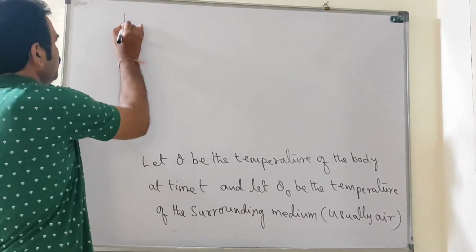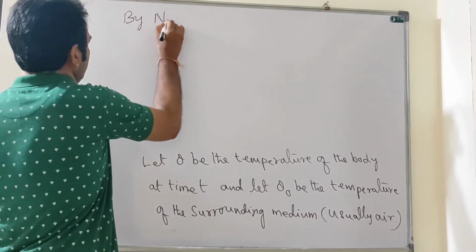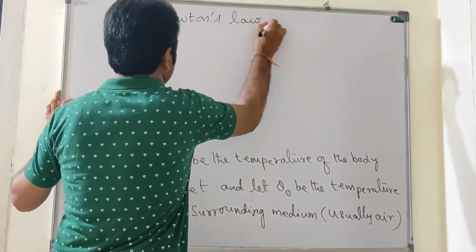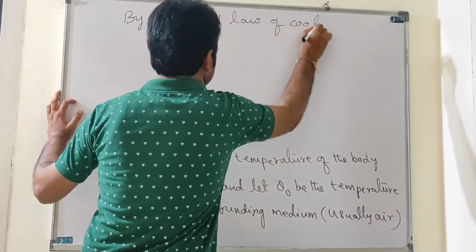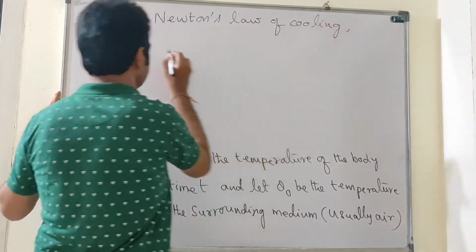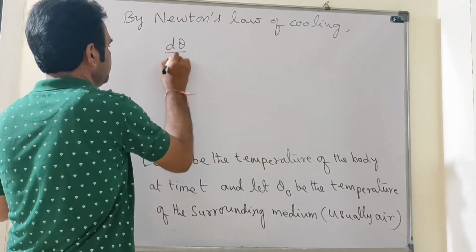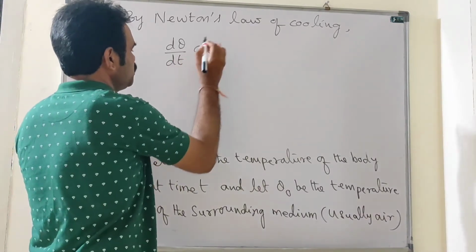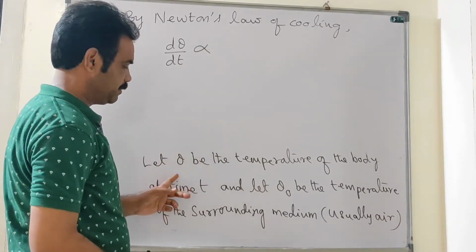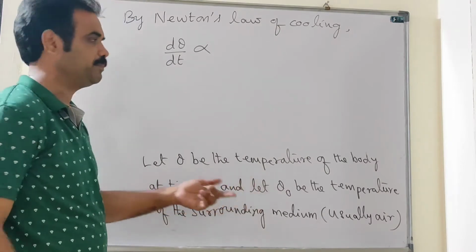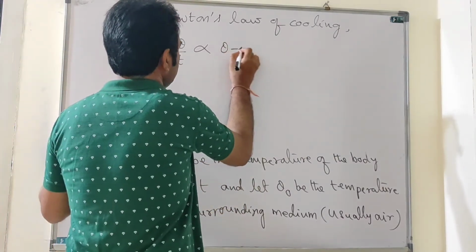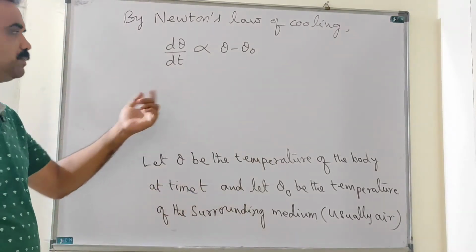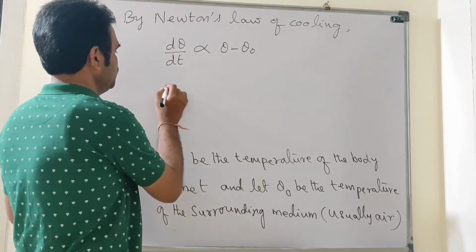Then by Newton's law of cooling, d theta by dt, that is the rate of change of temperature, is proportional to the difference of the temperature of the body and that of the surrounding medium. That means theta minus theta naught.